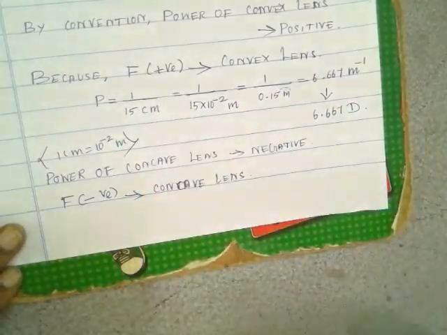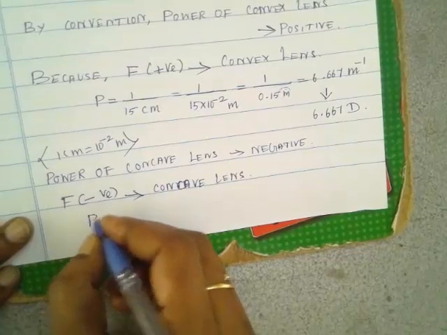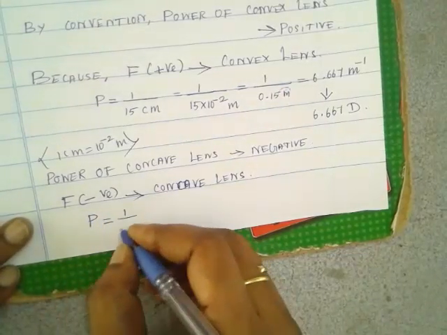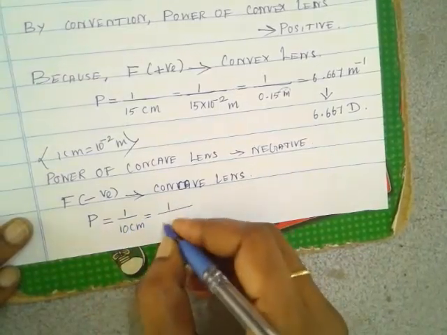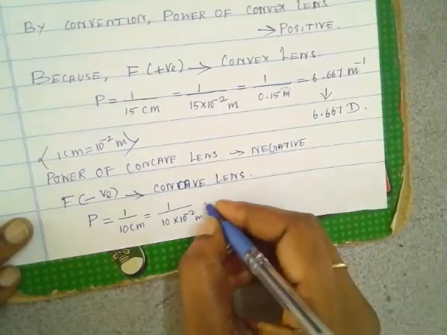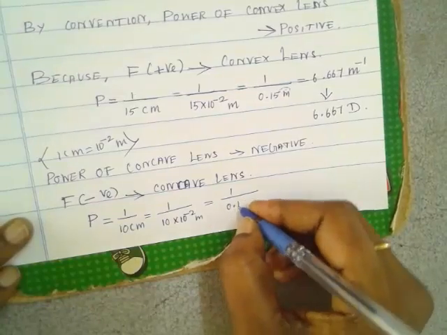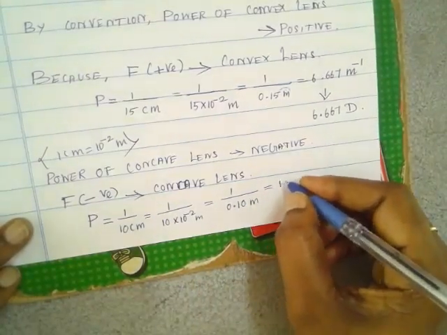The focal length of this concave lens is 10 centimeter, so the power of that concave lens P is equal to 1 divided by 10 centimeter. That means 1 divided by 10 into 10 power minus 2 meter. In other words, 1 divided by 0.10 meter, that is nothing but 10.